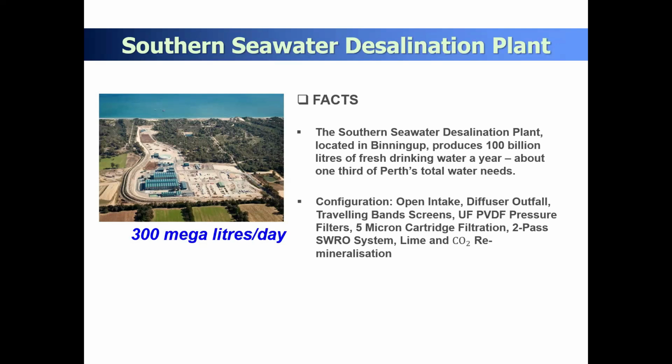The rest utilize dual media filtration, like sand filtration, a natural media filter, which is very conventional. So you have to decide your design: intake, pretreatment, ultrafiltration, or dual media filtration, or sand filtration.